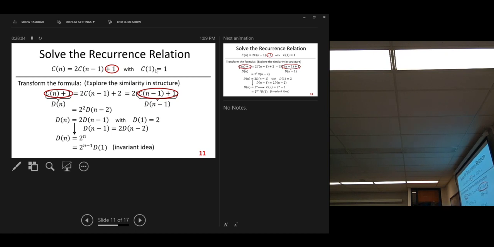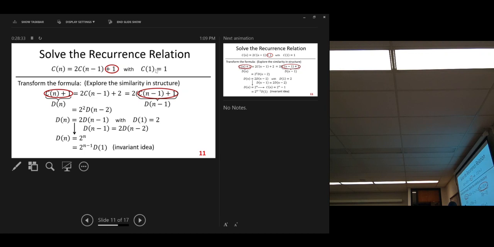Wait, how is n minus 2 equal to n? Look at this exponent. Exponent 2, size n minus 2. The 2s cancel out. You get n, right? The sum is invariant. We just look at the sum. When you do all the way, the sum should be invariant. That's our invariant.